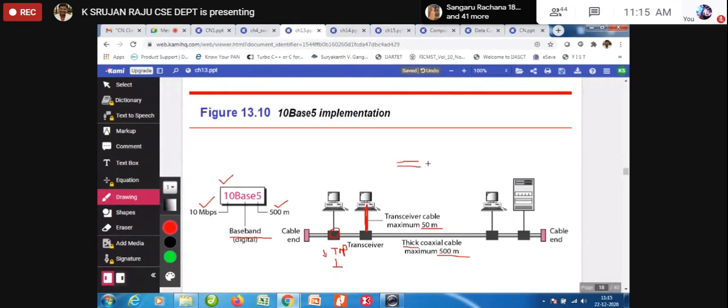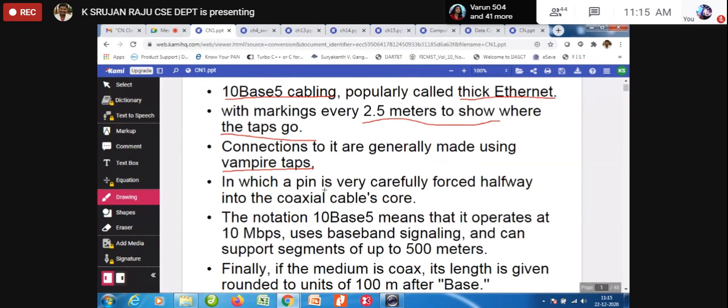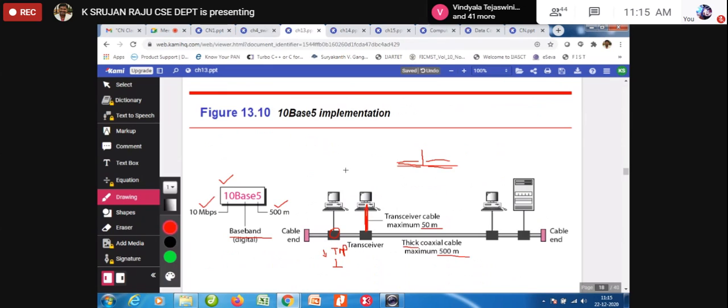Now a pin will come and touch inside this particular cable. You need to understand this very well. This is exactly the meaning of vampire taps, in which a pin is pressed in and connected, forced halfway.